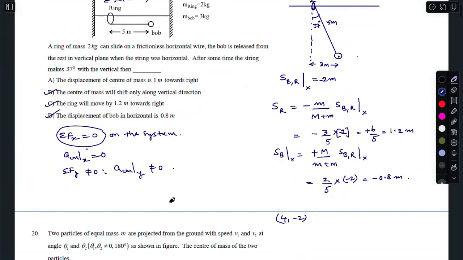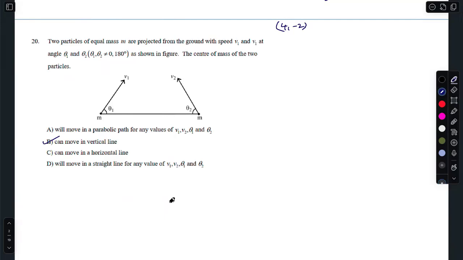Next question. Two particles of equal mass, small m, are projected. The center of mass of the two particles: please try to understand whether it goes in a parabolic path or not. If m v1 cos theta 1 is equal to m v2 cos theta 2, what happens?